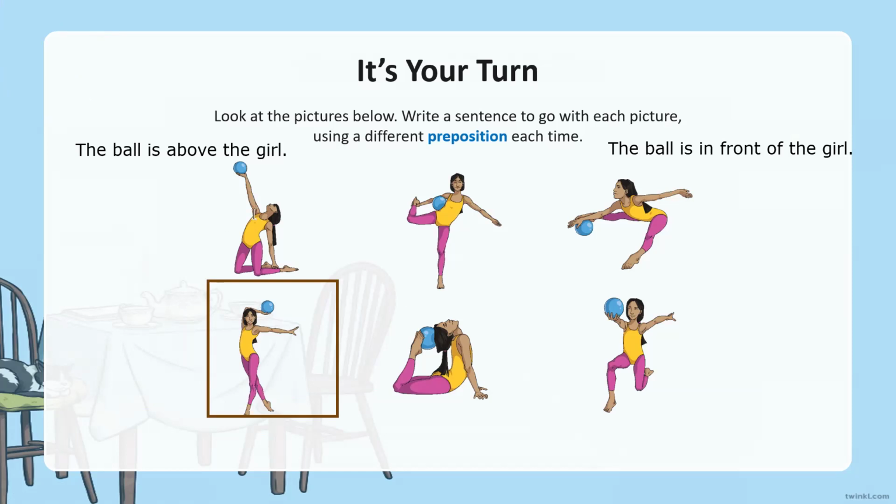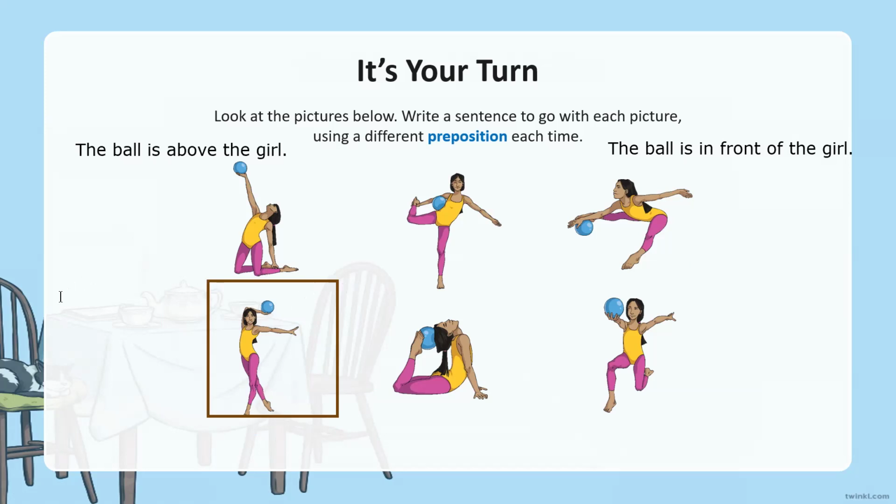One more time, the ball is between the chair and the arm. Okay, thank you for that one, Dolin.